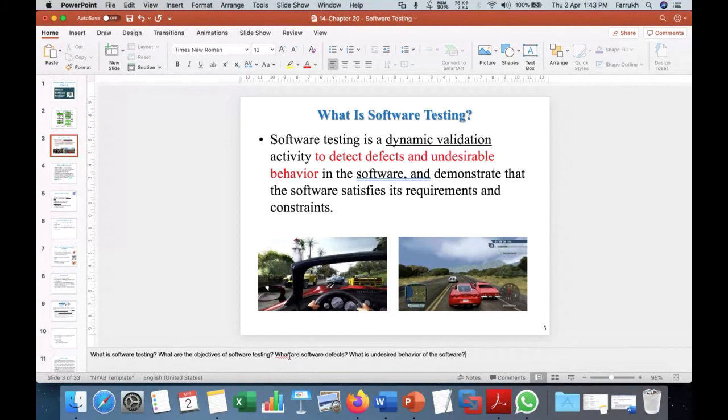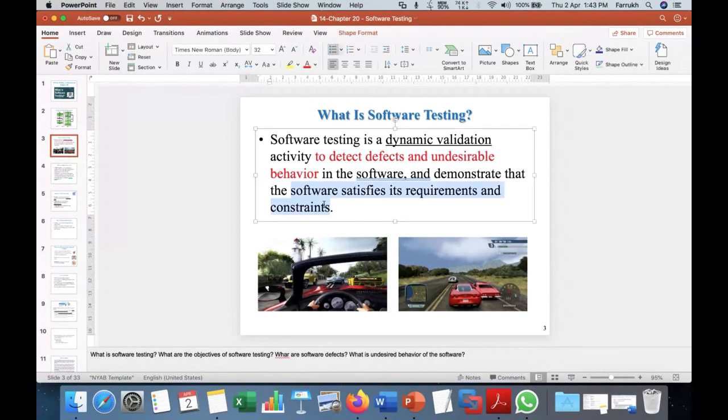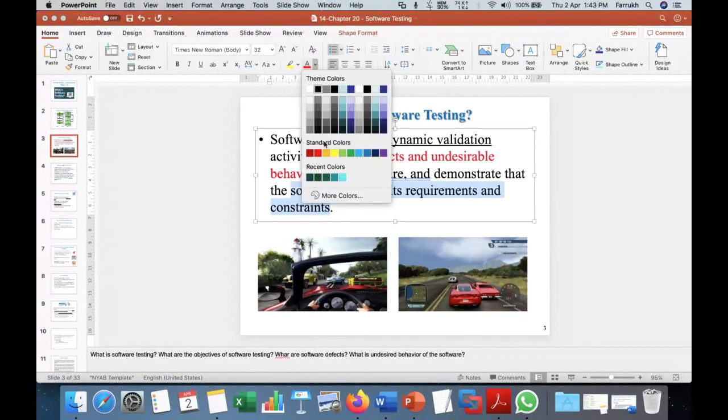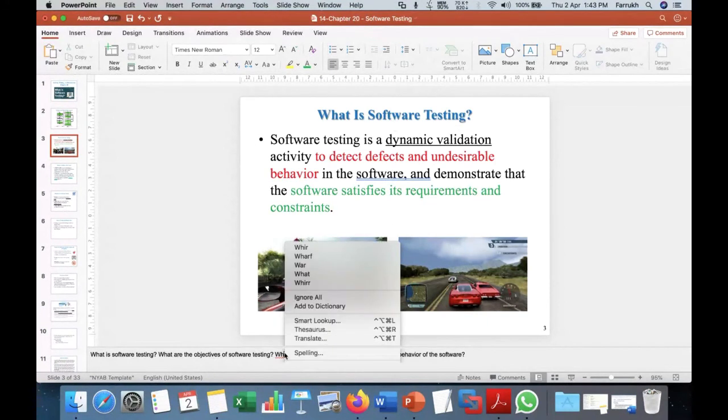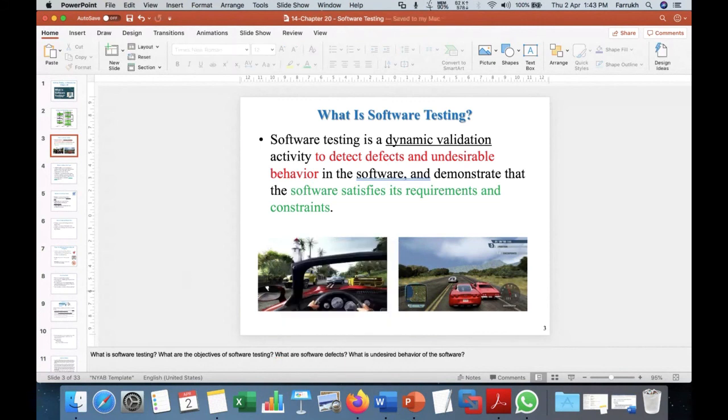So the answer is: something that does not satisfy the requirements or the given constraints is called your software defects, or it is also called undesired behavior of your software. All right.